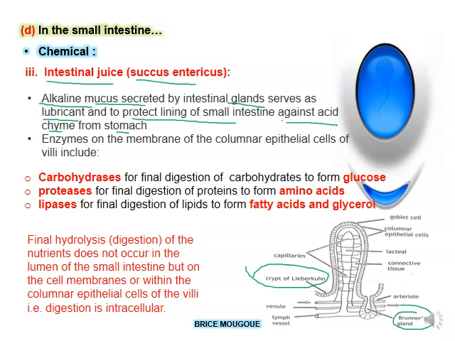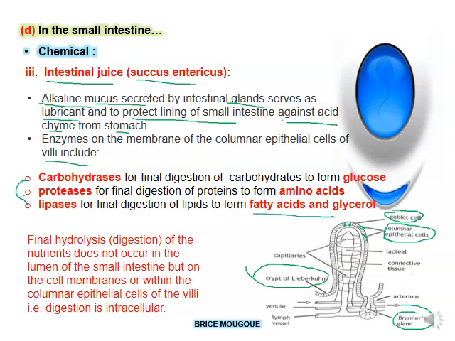Enzymes on the membrane of the columnar epithelial cells will then be included, because we have columnar epithelial cells that are found in the external lining of the villi, between which we have the goblet cells. So the enzymes that are produced by these columnar epithelial cells would include the three same categories of enzymes we mentioned earlier: the carbohydrases, the proteases, and the lipases.